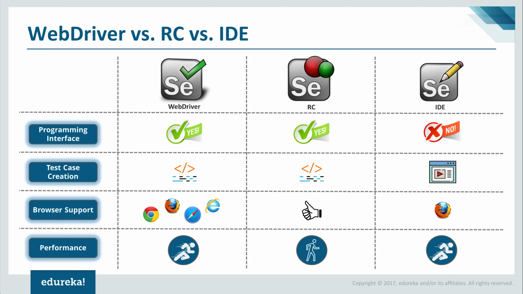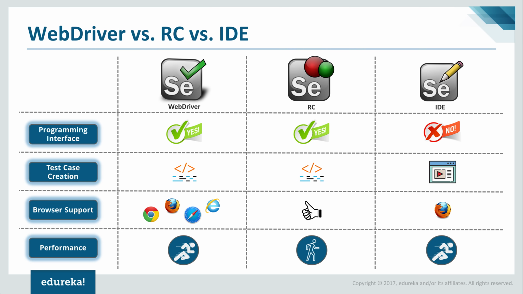So Selenium RC was probably the first version of Selenium. It is actually the first version of Selenium, and the Selenium project kickstarted from here. But over time, there were a lot of problems with Selenium RC, and there were a lot of drawbacks, and because of that, it has basically evolved into WebDriver. So they merged RC with WebDriver, which in turn led to a product called Selenium WebDriver.